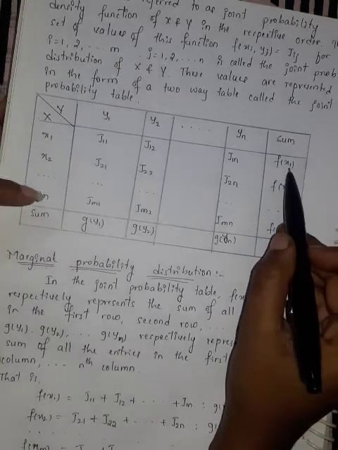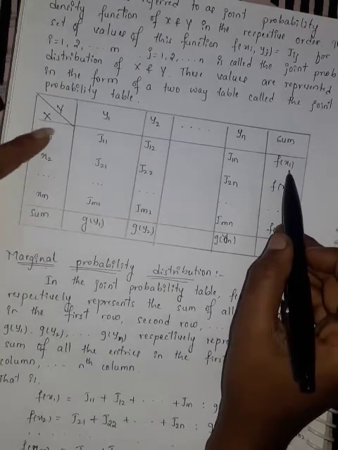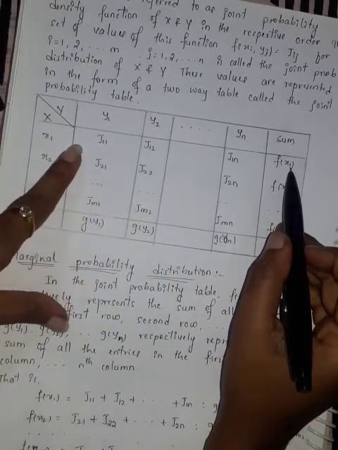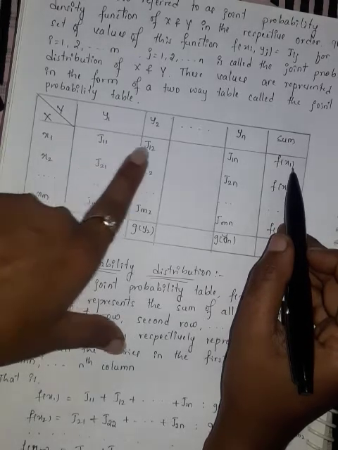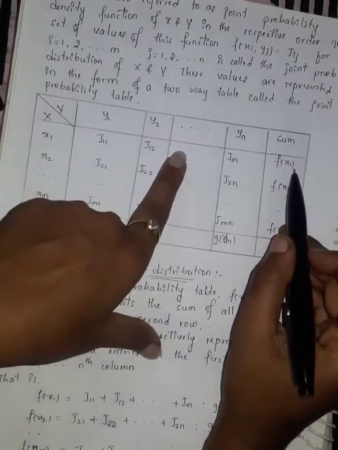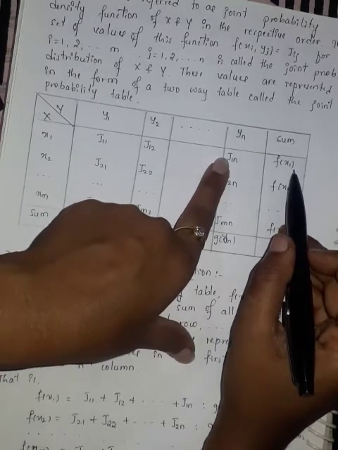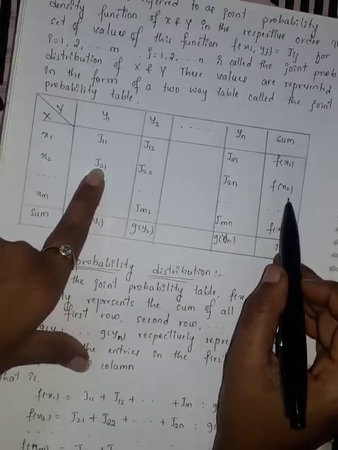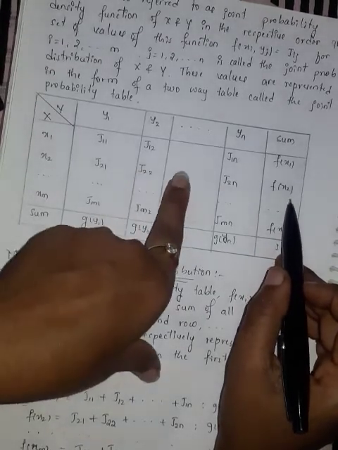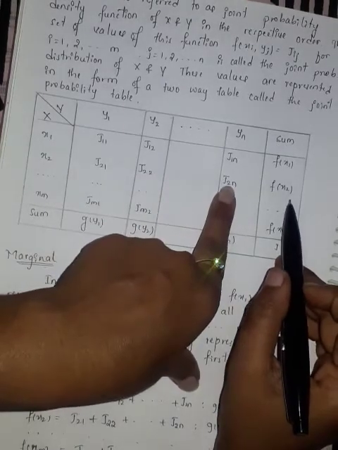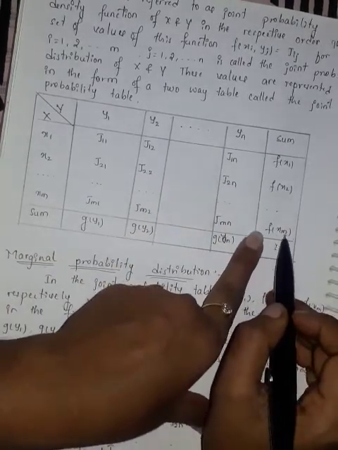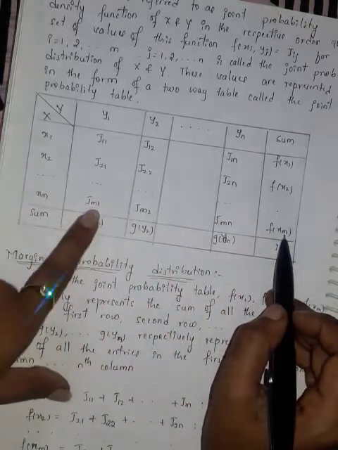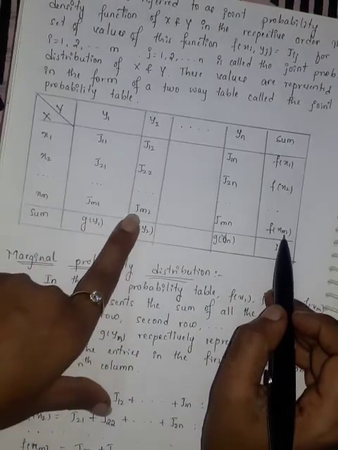So f(x1) represents the sum of all values in the first row, that is J11 plus J12 plus J13 up to plus J1n, and f(x2) represents the sum of the second row, that is J21 plus J22 plus J23 up to plus J2n, and so on.